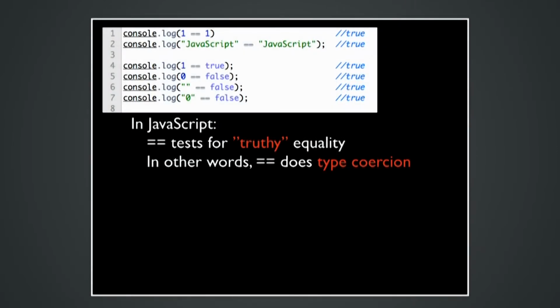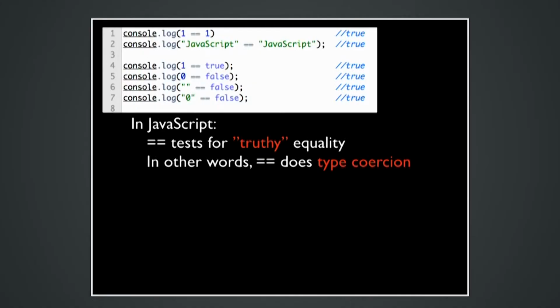Now, as a Java developer, and I told you this up front, I was a Java developer. So as I came to JavaScript after the fact, begrudgingly, I said things like, okay, 1 equals 1, and that was true, and I was happy. And then I said string JavaScript equals string JavaScript, and that was true, and I was happy. And then I saw something like 1 equals true, and I got true.